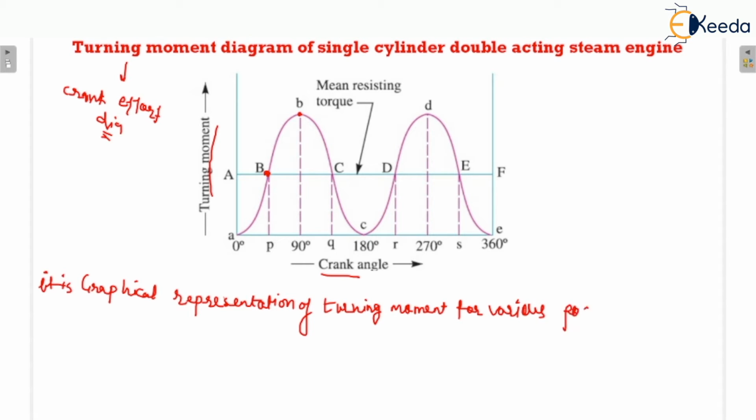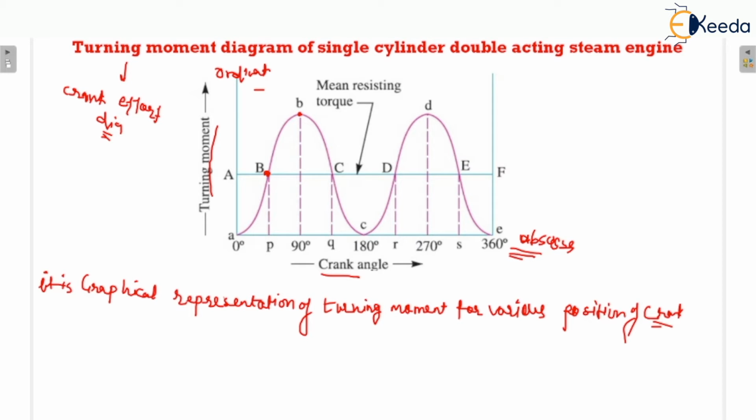It is a plot on Cartesian coordinates in which turning moment is taken as the ordinate, and this is the abscissa.